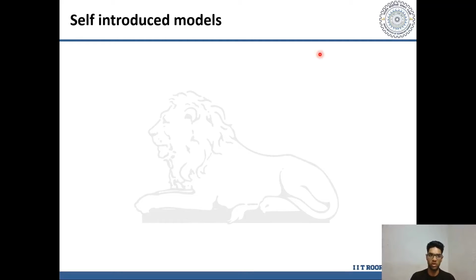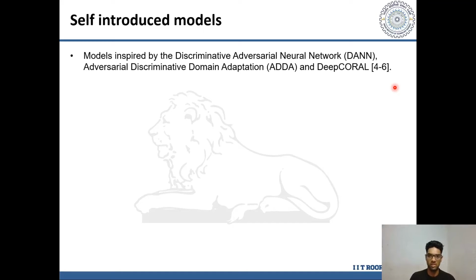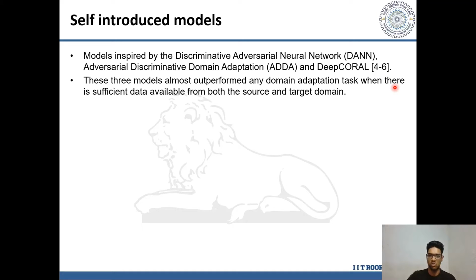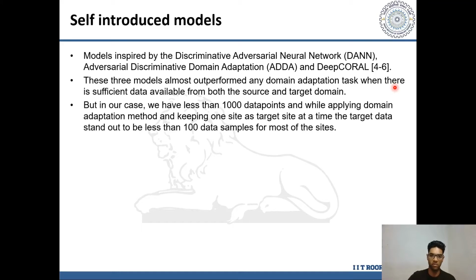So to avoid this problem, we introduce our own model. It is highly similar to DANN, ADDA, and deep CORAL methods, but we improved on one of the factors because of the limitation of our target dataset. We have a sufficient number of source domain data points, but for our target we have a single site, so the data points vary at most up to 100.